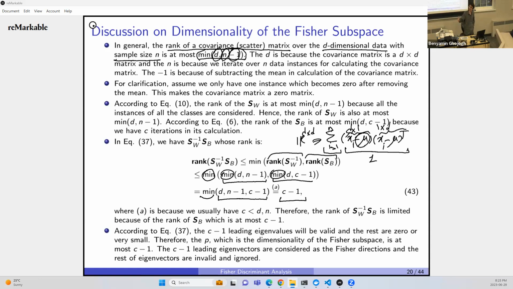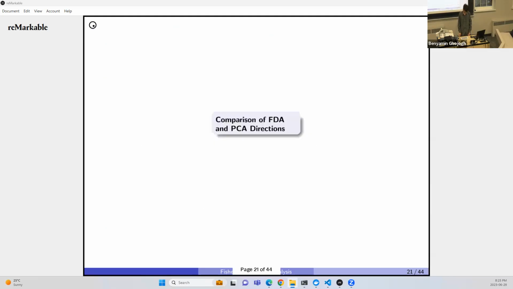You can ignore them. So this means that it suffices to take only the first C minus 1 eigenvectors with the largest eigenvalues. Right? Interesting. We don't have such an upper bound for PCA, but we have it for FDA.